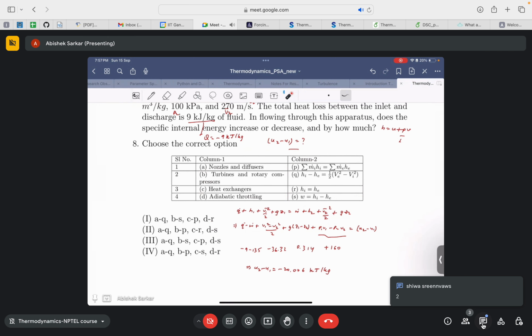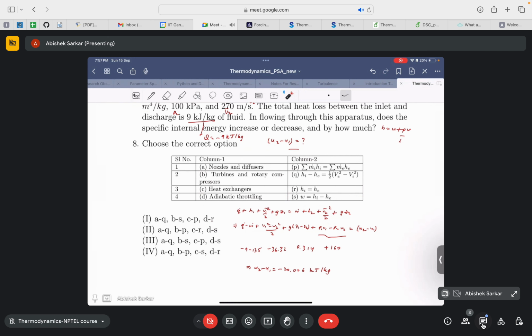So you say 2. A is Q, correct. B is P, turbines, rotary compressors. Oh, this is not correct.